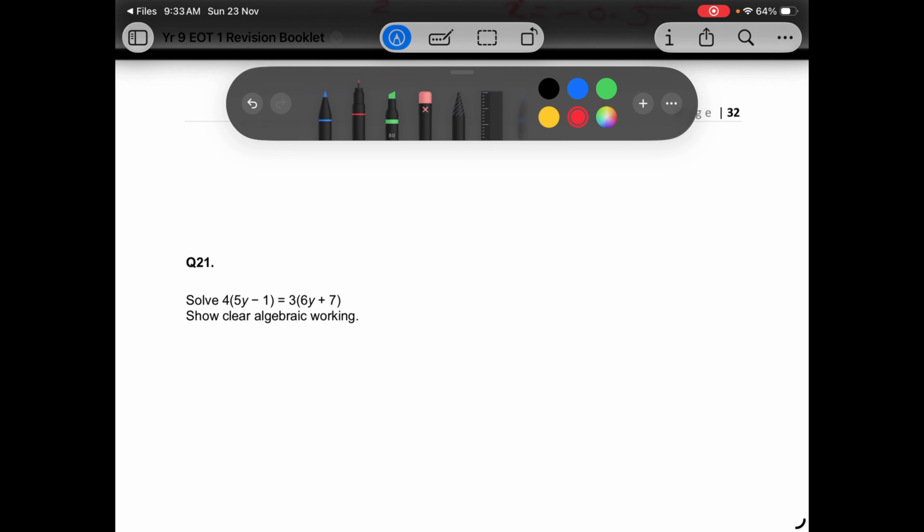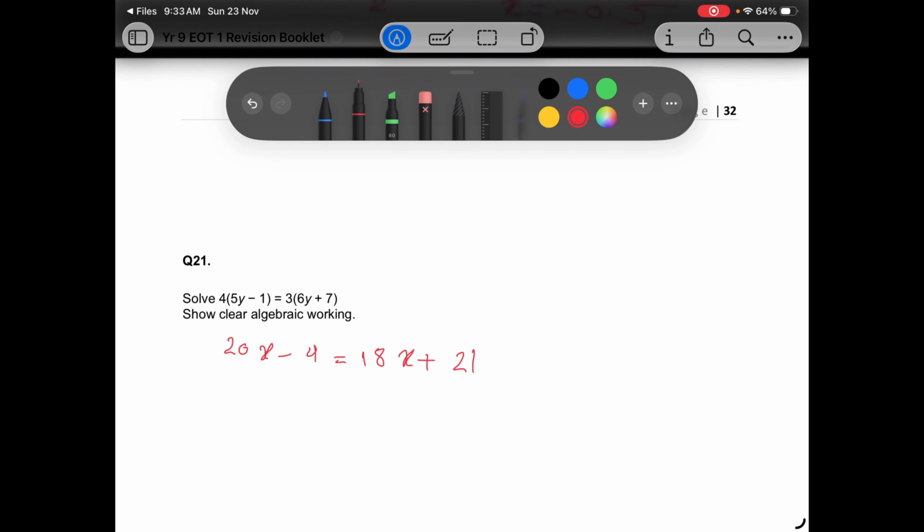And here, guys, we have this really simple equation to deal with, so you can expand the left and right side, so it will be 20x minus 4 equals 18x plus 21. Move this to this side and move this to this side, okay?